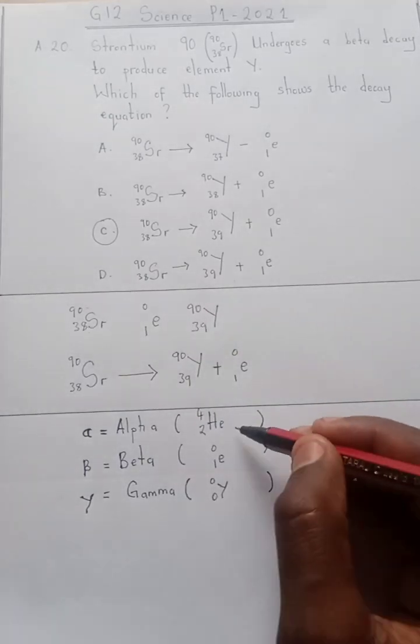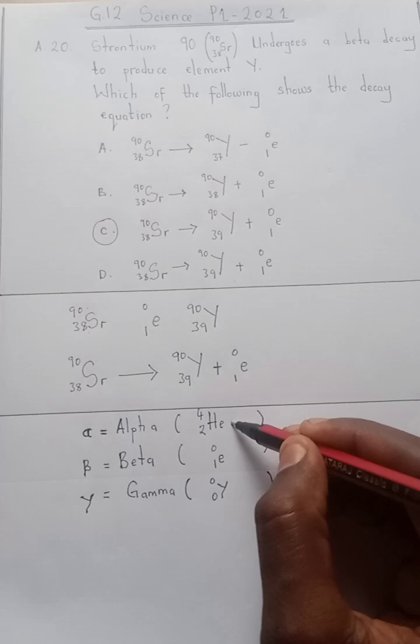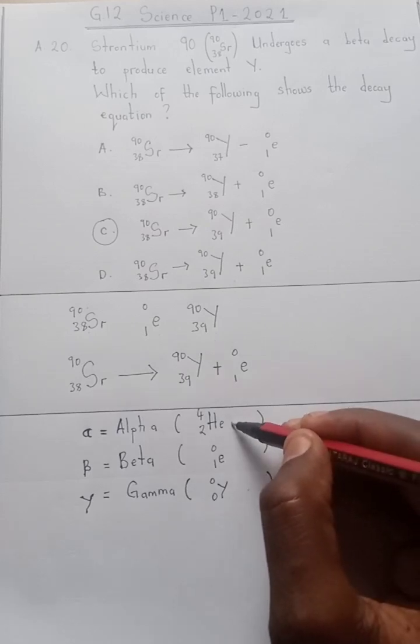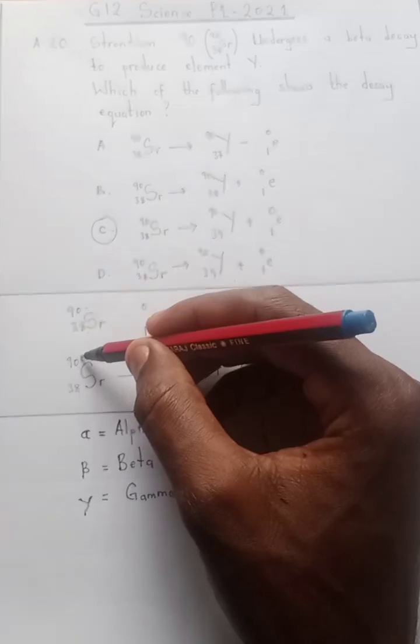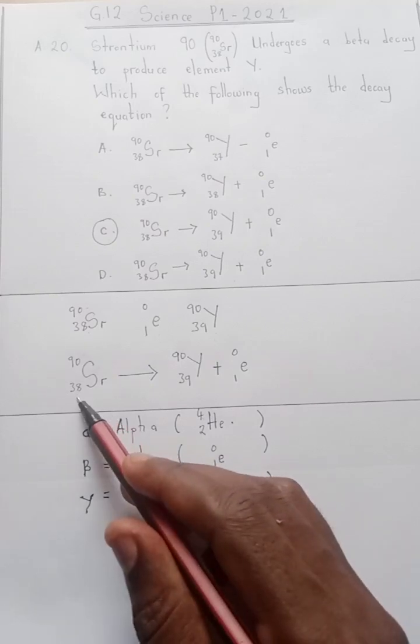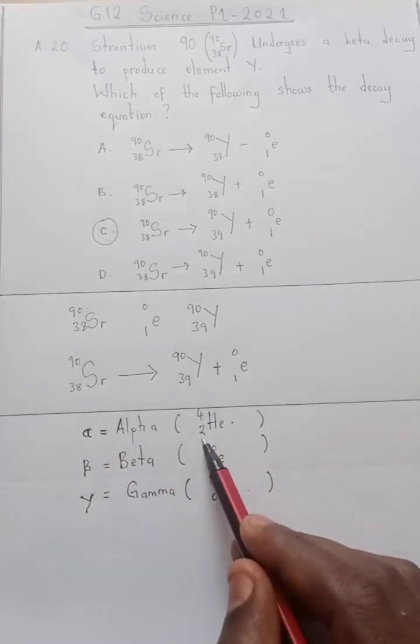Now, if it released an alpha particle, the answer would have been different. And if it released a gamma ray, it would have been different. If it was an alpha particle, the mass number here would have reduced by 4, and the atomic number would have reduced by 2.